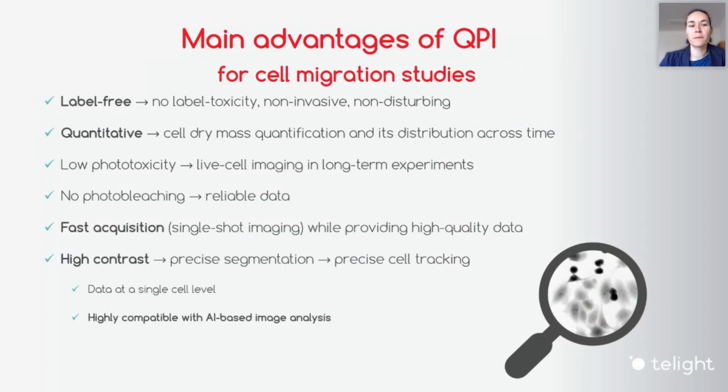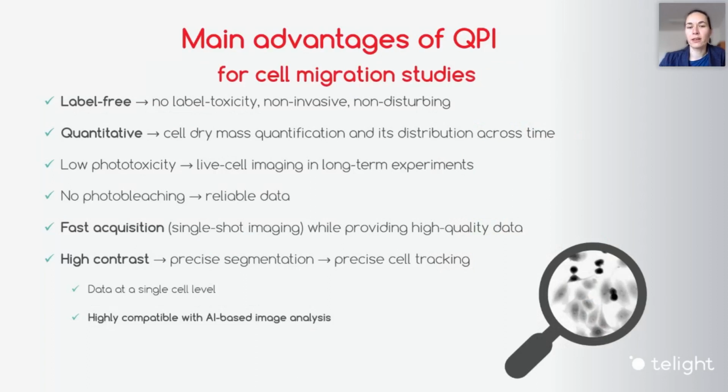The data are quantitative, so you can study how they move and what happens with the dry mass during the movement. When you want to visualize really fast or highly motile cells, the fast acquisition is something that you want from the microscope. And high contrast, once again, I already said, it's really needed for precise segmentation, precise cell tracking.